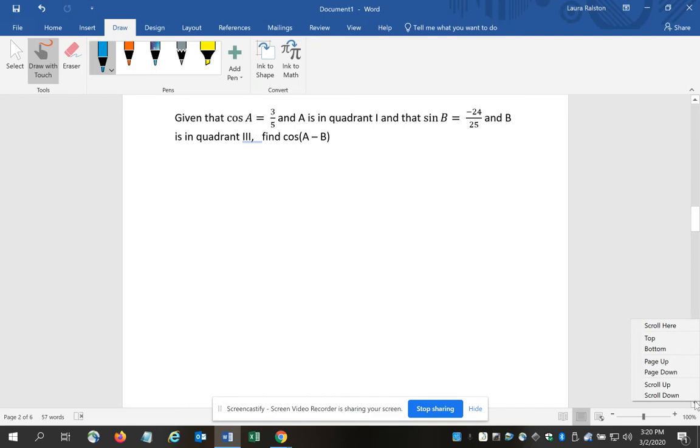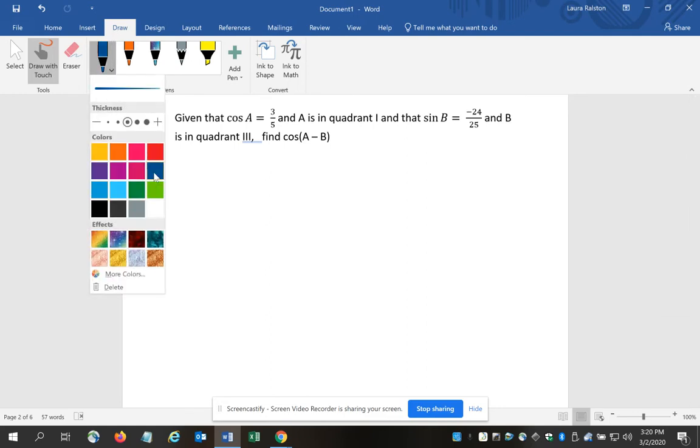Given that cosine A equals 3/5 and A is in quadrant 1, and that sine B is negative 24 over 25, and B is in quadrant 3, find cosine of A minus B. Okay, so again, initially, I'm going to write down my formula and see what pieces I know and what pieces I need.